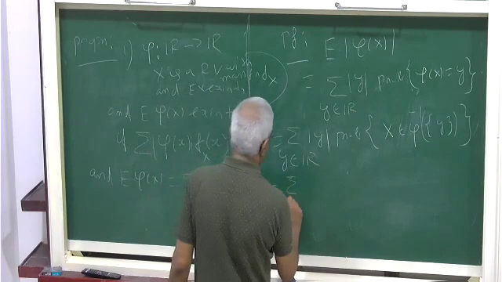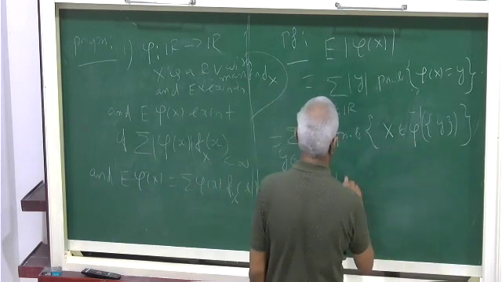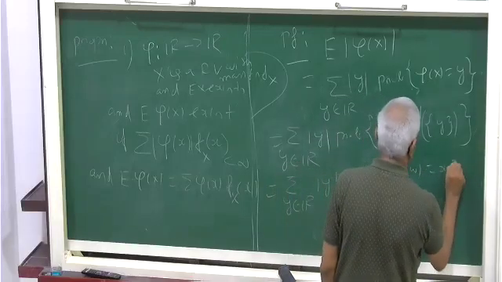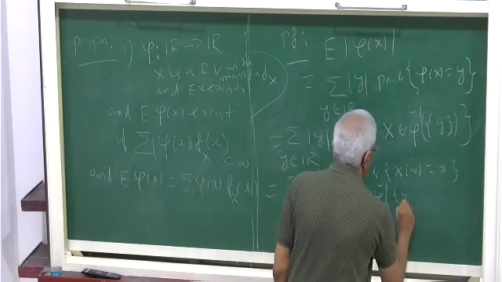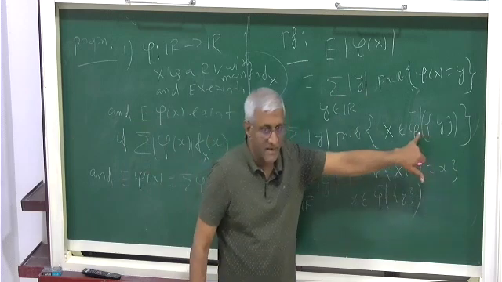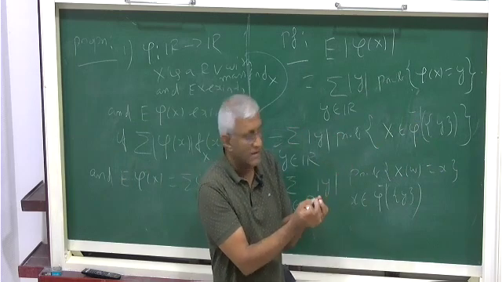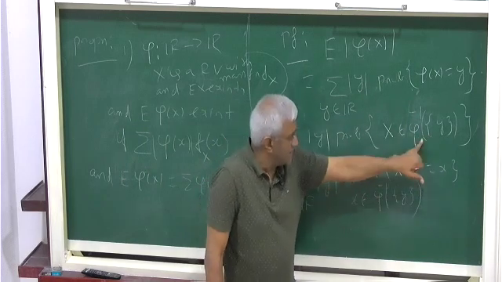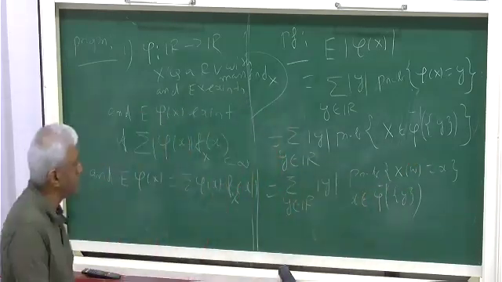Now this is equal to the summation over y in R of mod y times the probability that X of omega equals x, where small x is in phi inverse of y. Phi inverse of y is a set, and it is the union over all the singletons of its points.